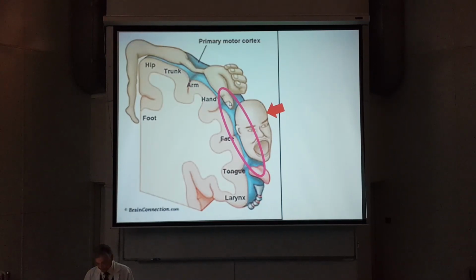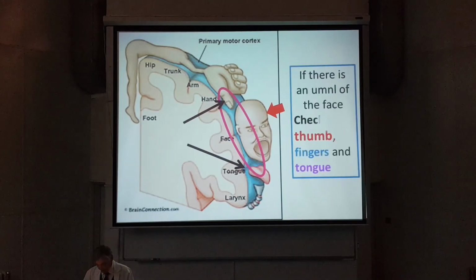It is the thumb up and the tongue below. Therefore, if there is an upper motor neuron lesion of the face, check the thumb, the fingers, and the tongue. Very important.